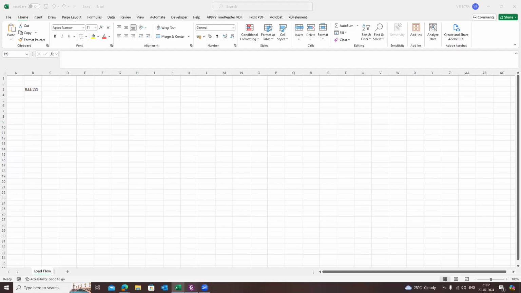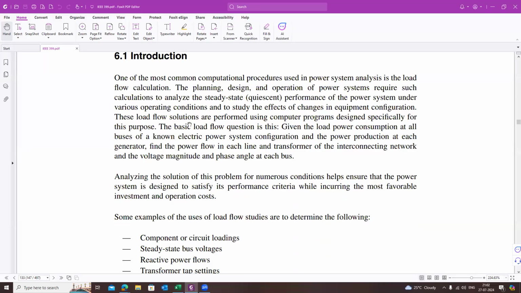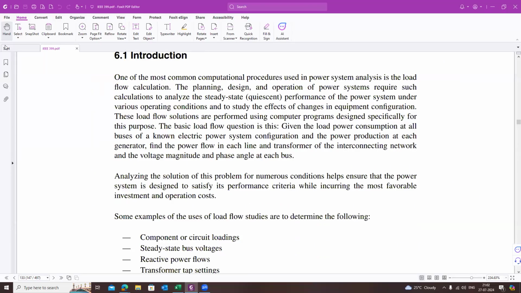So if I show this IEEE 399 and go to the load flow definition here: as per IEEE 399, given the load power consumption at all buses of a known electrical power system configuration. Let's highlight this as well.